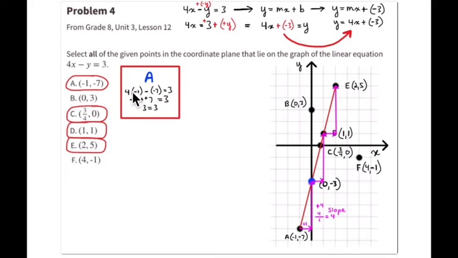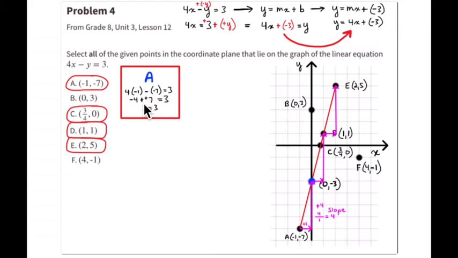So for A, this is 4 times negative 1, so x is negative 1, minus y, which is negative 7. So you replace those coordinates, and 4 times negative 1 is negative 4 plus a positive 7. I'm changing it to adding the additive inverse.